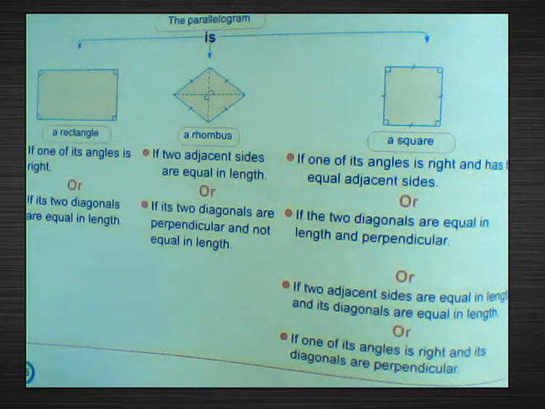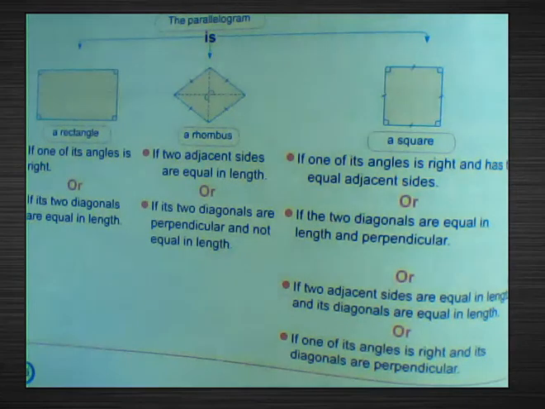The parallelogram is a square if one of its angles is right and it has two equal adjacent sides, or if the two diagonals are equal in length and perpendicular, or if two adjacent sides are equal in length and its diagonals are equal in length, or if one of its angles is right and its diagonals are perpendicular.